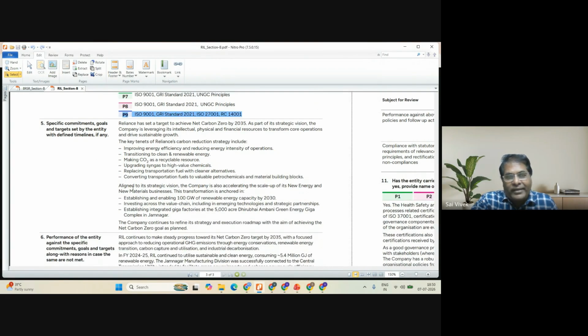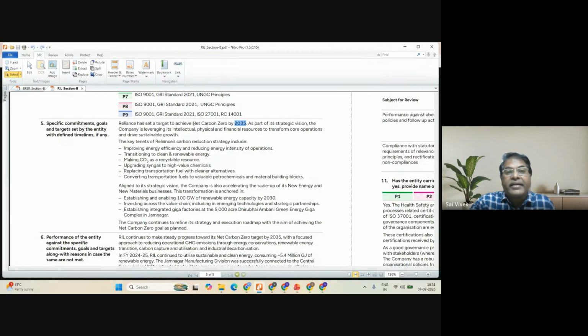Coming to the fifth one, specific commitments, goals, and targets set by the entity with defined timelines, if any. What are the specific commitments given? We have said that these commitments could be either renewable energy transition or reduction in GHGs or sequestration of GHGs from the atmosphere. It could be anything. So we'll see what RIL, Reliance, has given on this. Reliance has set a target to achieve net zero or net carbon zero by 2035.